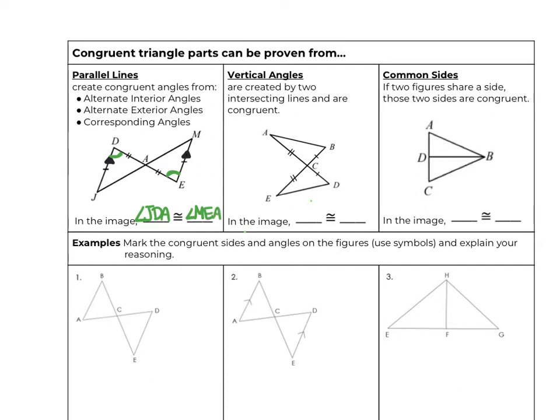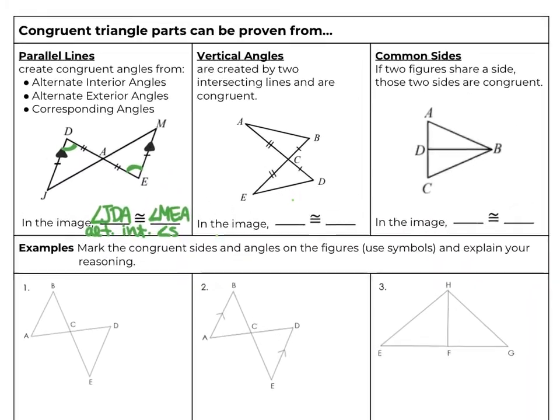So I'm going here, here, here, here, here, like that. Or you could have gone the other way, like AEM. So I know those two are congruent because they are alternate interior angles. So I could have used one of these others as well, so keep an eye out for those two.